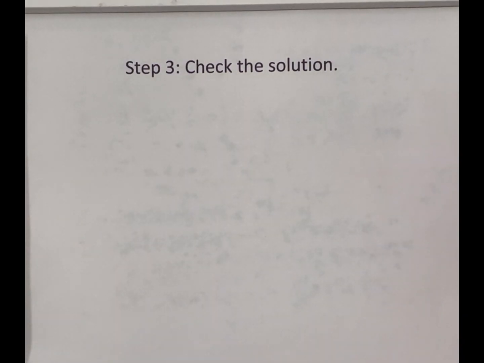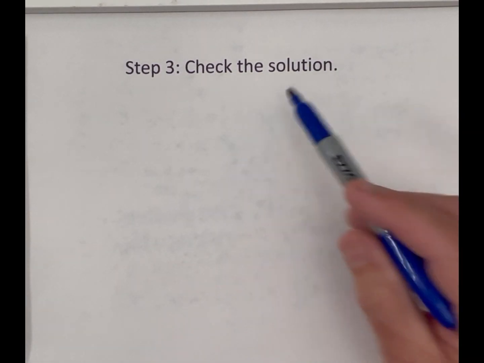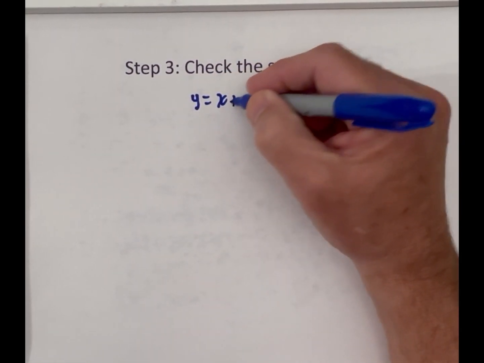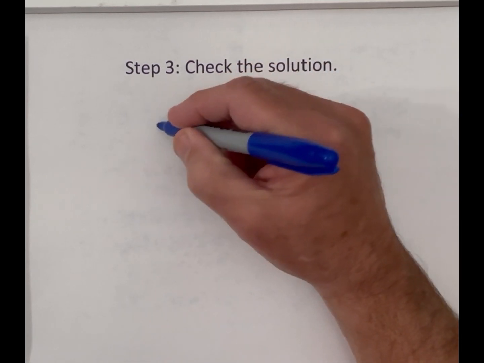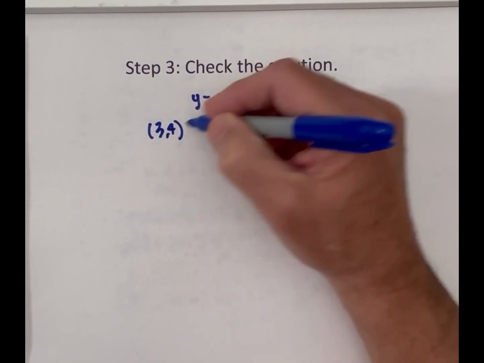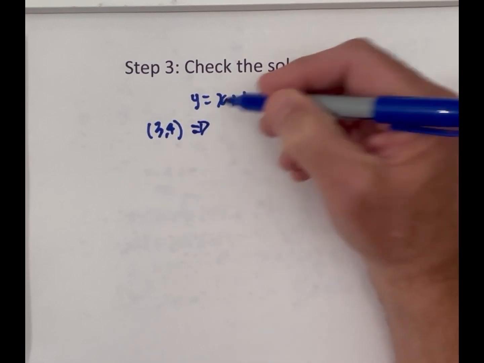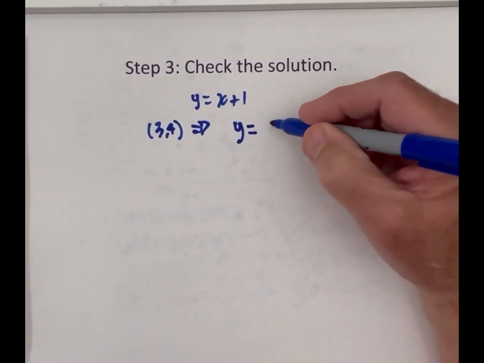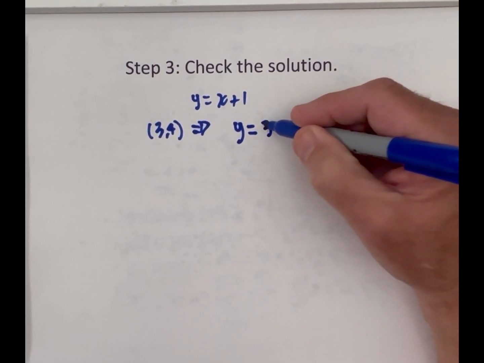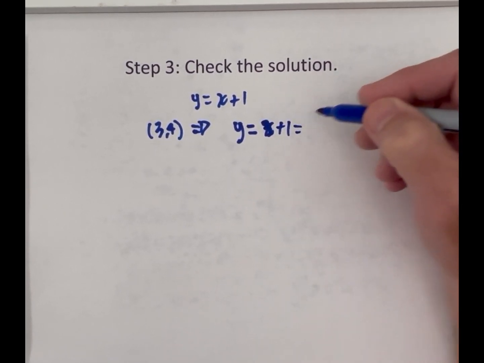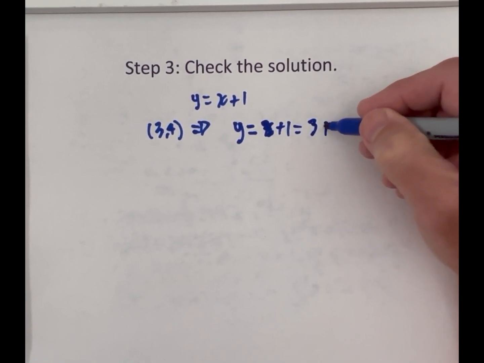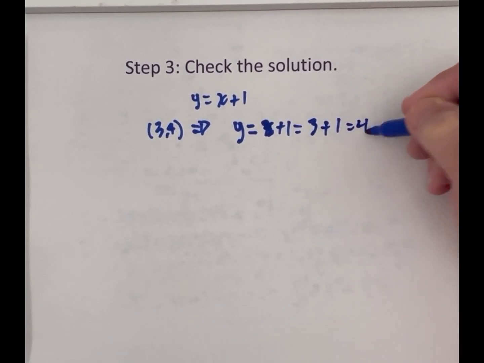Our third step is to check your solution. So we've got our equation y is equal to x plus 1. Let's check it at both these points. At (3, 4), let's see what we get there. We're going to get y is equal to x plus 1, and our x is 3, so 3 plus 1 is equal to 4.